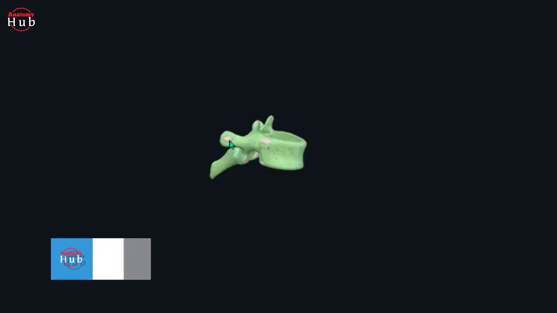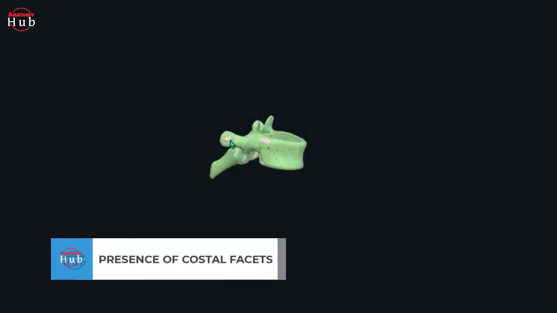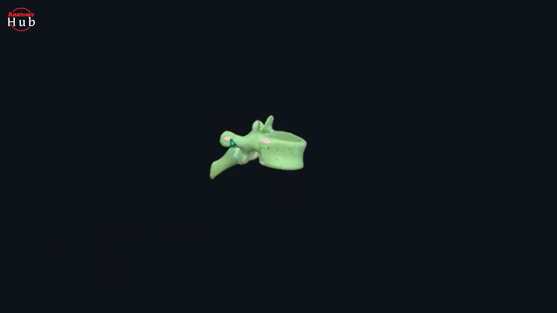So this facet is the costal facet. Here also you'll find, and here also you'll find, right, the facet. So this is the costal facet. Okay, so this costal facet is present on the transverse process.